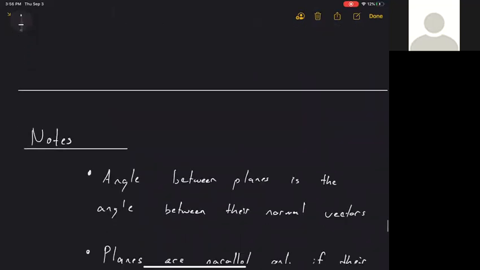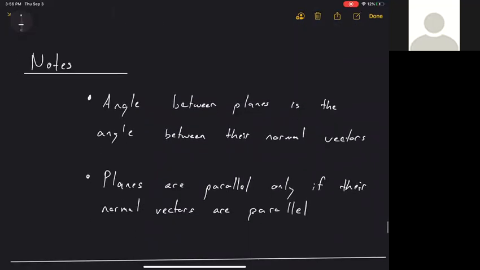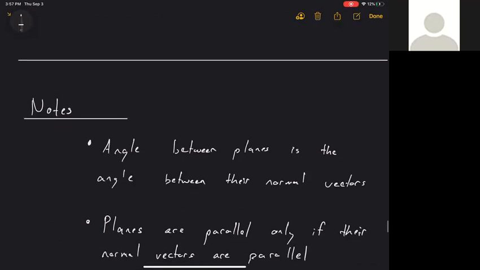Some notes when we're talking about planes. You might see questions that ask for the angle between two planes. Well, that's determined by the normal vectors. So we have two planes, each has its normal vector, right? Let's say I have this plane, it's got a normal vector going this way.